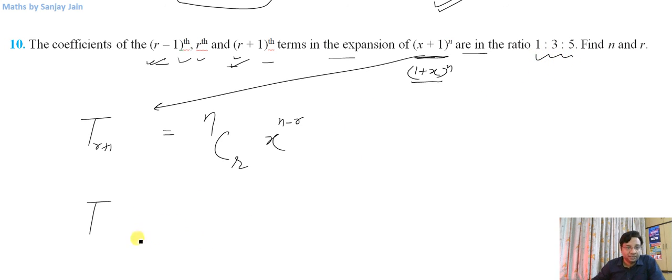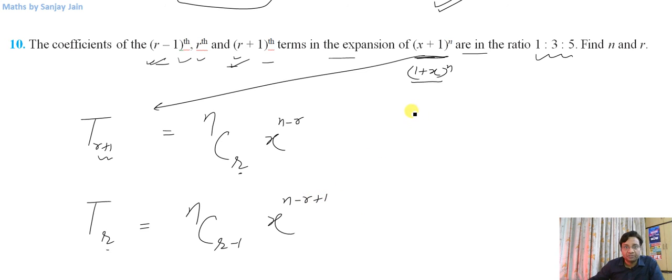So let us check the rth term. I'll replace r with r minus 1, because when I am writing r plus 1 here, I'll have r here. When I'm writing r here, I'll have r minus 1 here. So r is being replaced with r minus 1. So n minus r minus 1, so it will be n minus r plus 1 here.